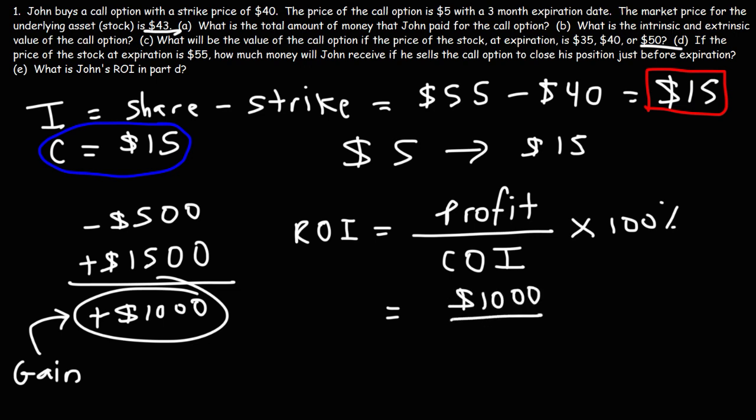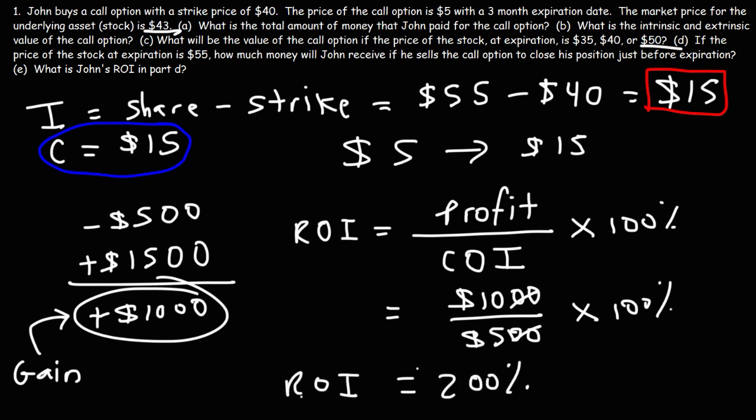The cost of investment, that is, what he initially put in to initiate the trade, is $500, so that's his COI. So 1,000 divided by 500. If you cancel the two zeros, you get 10 over 5, that's 2. 2 times 100% is 200%. So that is his ROI on this particular trade.